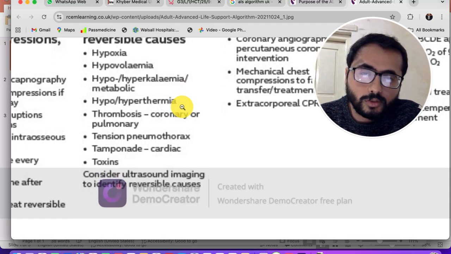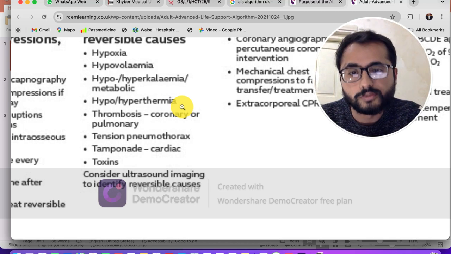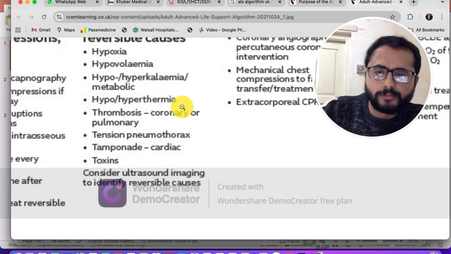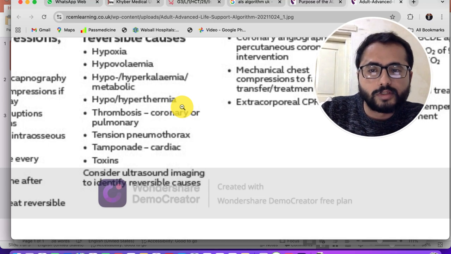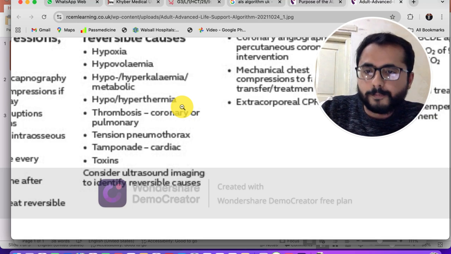Then we are talking about thrombosis. The first T, again very unlikely. There is no history of cardiac problems, so no coronary or pulmonary problems. The patient doesn't have any risk factors for pulmonary embolism as well.